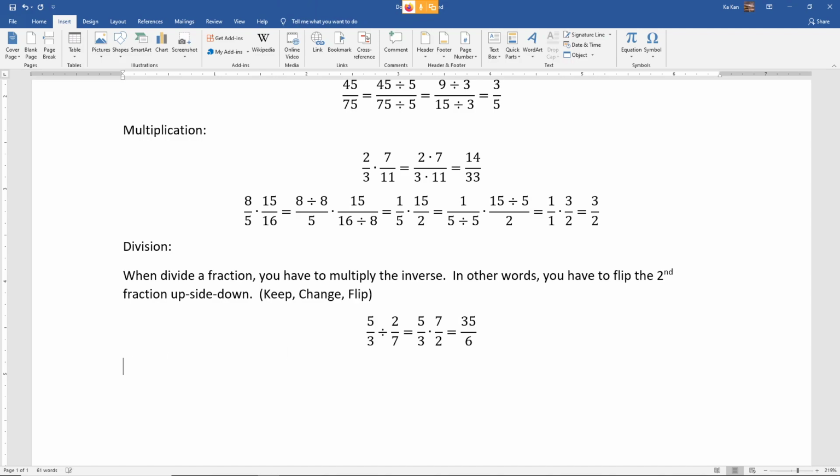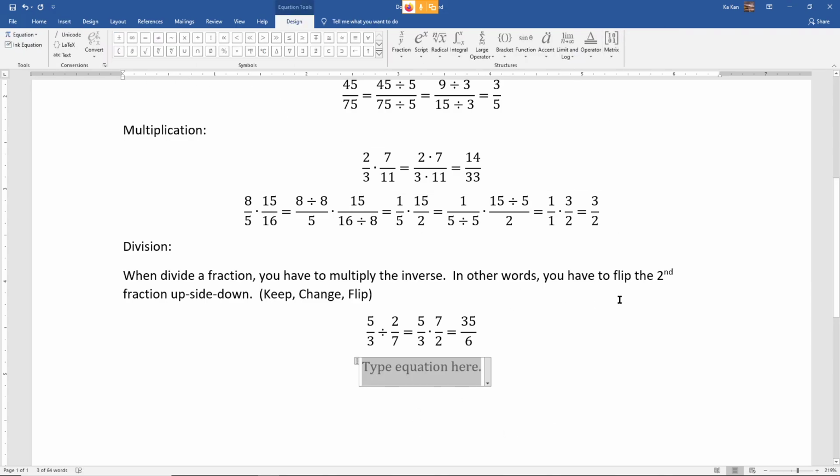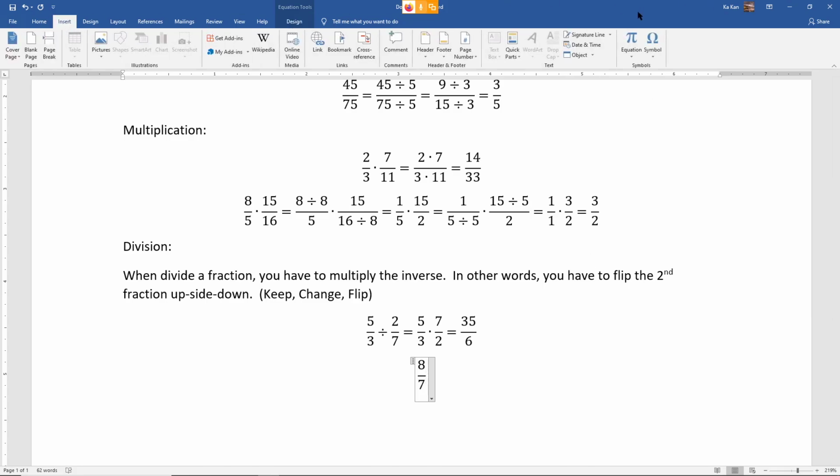So in the future, if you have stuff like this, say you have 8 over 7, right? And then I say divided by 2 over 15, and then multiply by, let's try to come up with something easy, let's do 14 over 10.